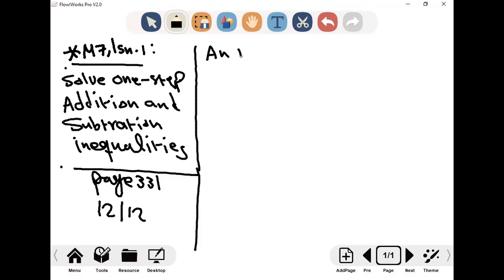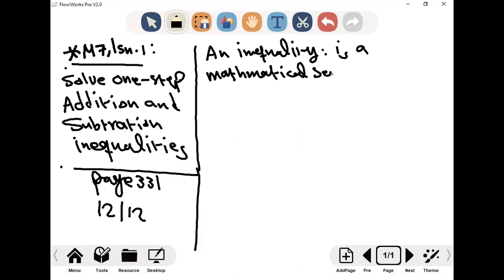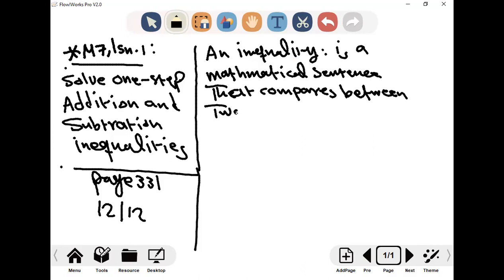An inequality is a mathematical sentence that compares between two quantities.